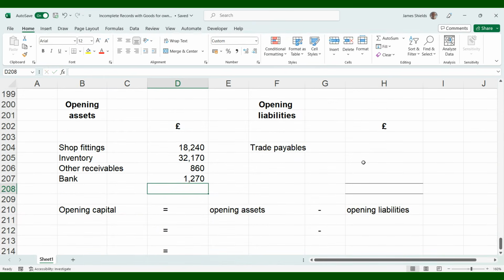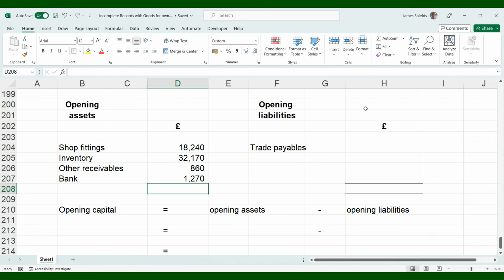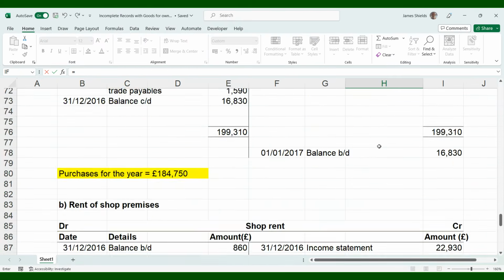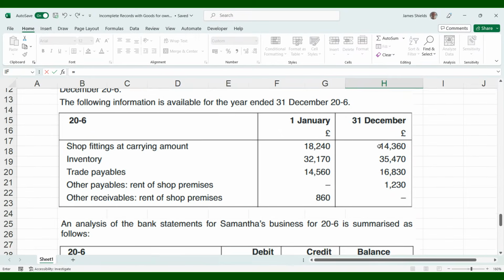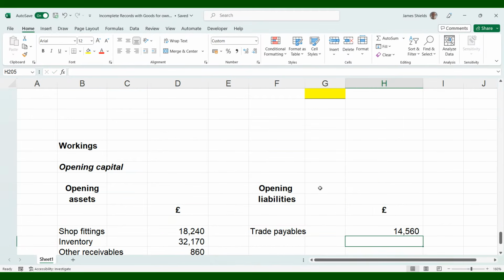So my total opening assets, if I add them all together, they come to, let me just do that once more again, the total will be £52,540. Our opening liabilities was only one, which was the trade payables. So again, back to the beginning of the question, I'm looking for trade payables on the 1st of January. Trade payables are £14,560.